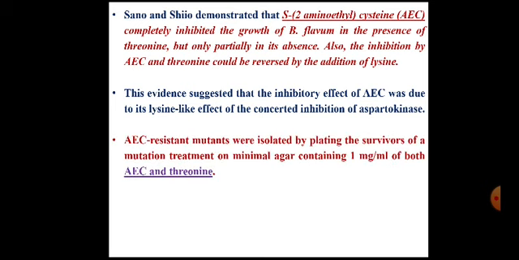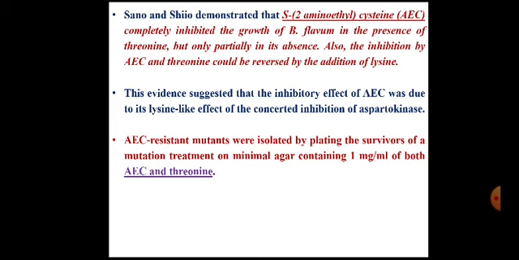So what will be the method for isolation of AEC resistant mutants? You might say a medium containing AEC. Wrong. The medium should contain AEC plus threonine, because the inhibition occurs not only in the presence of AEC but in the presence of AEC plus threonine.